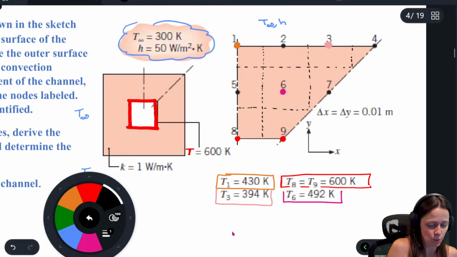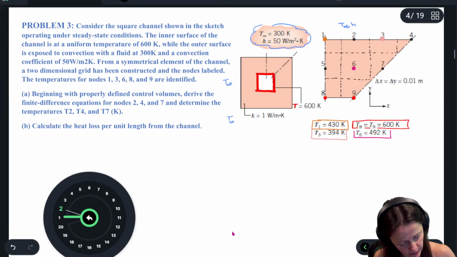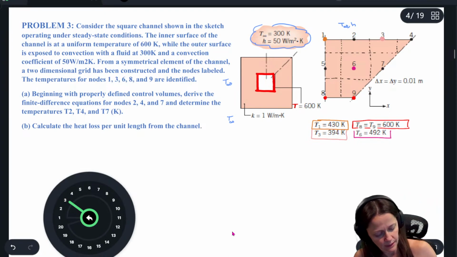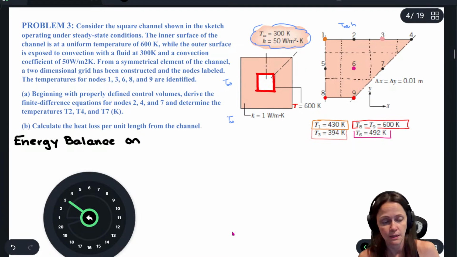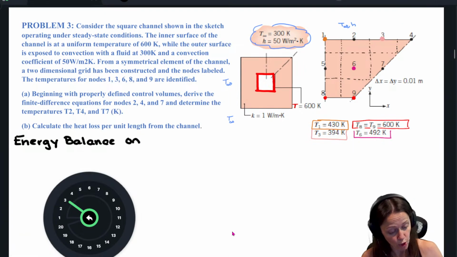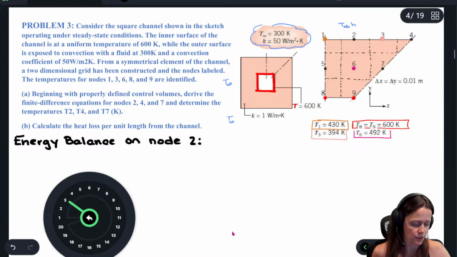All right, so I am going to do an energy balance on node 2. Let's go look at node 2, shall we?